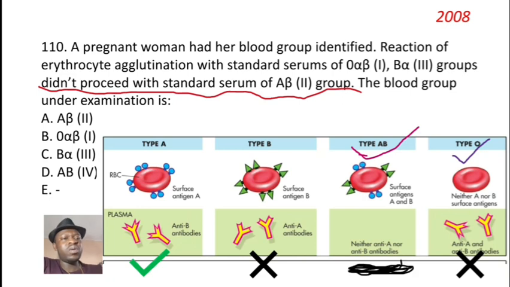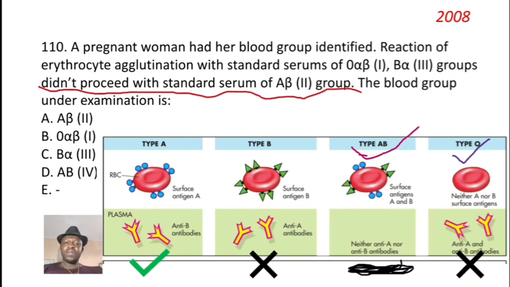For AB, they didn't talk about it in this question. There is no agglutination in the second group. That's why the blood is blood group A.